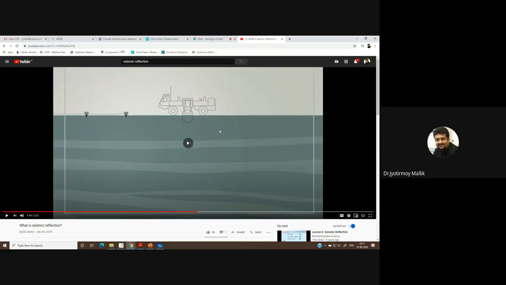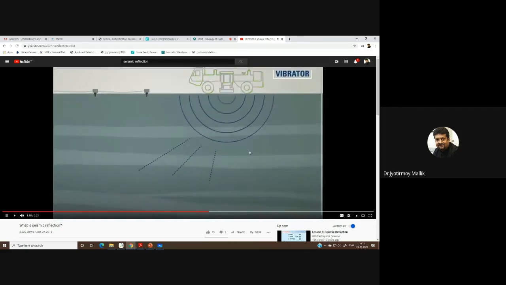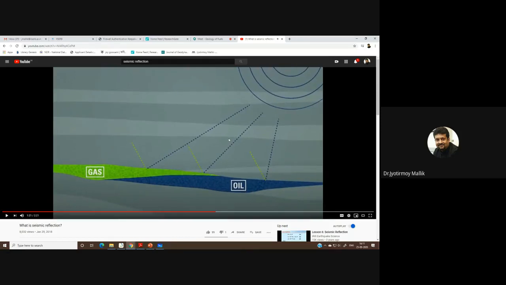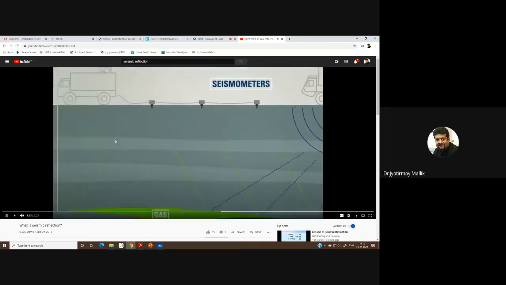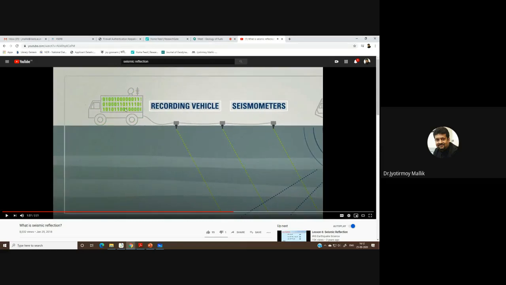While this hammering is going on, it is creating sound waves. Okay, and then the sound wave is propagating through the inside of the earth, and then it is reflected. Okay, and then finally it is received by different seismometers, and nowadays it is received digitally, and such information is processed.